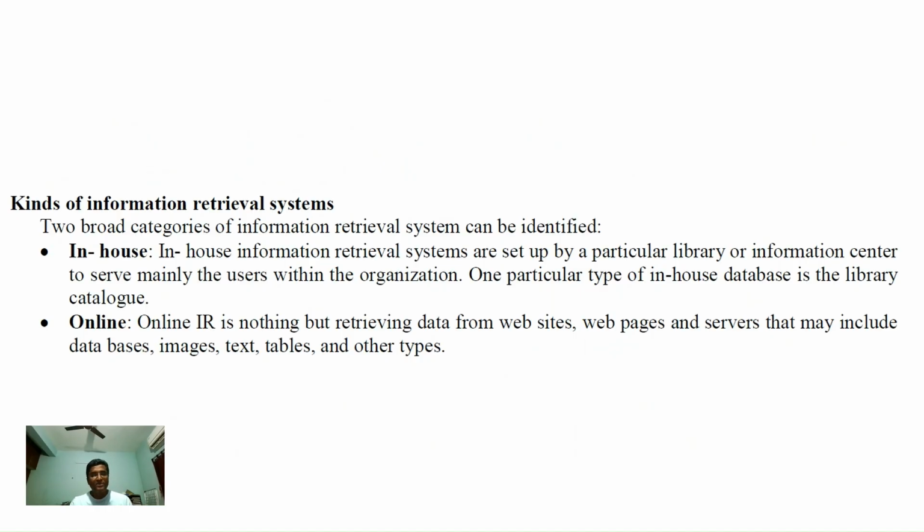Speaking about in-house, as the name indicates, it's set up by a particular library or information center to serve mainly its users. It has only the in-house database. That is how it works, predominantly with the in-house database.